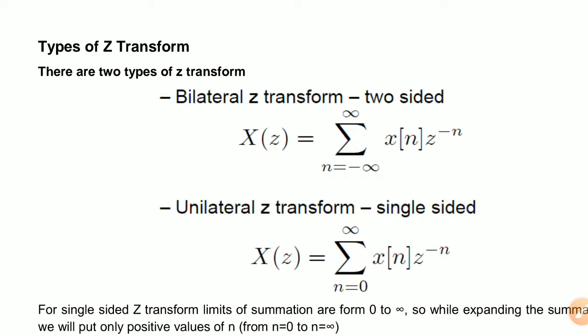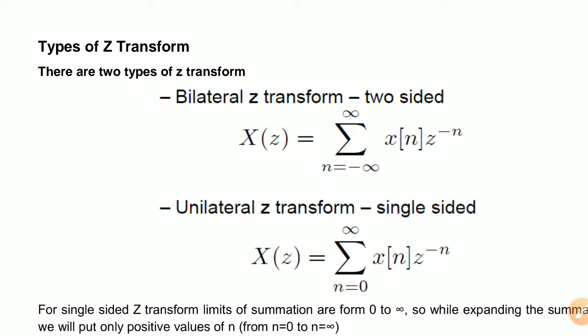These two types can be easily distinguished by observing their limits. For the two-sided Z transform, the limits are n equal to minus infinity to infinity, and for the single-sided Z transform, the limits are n equal to 0 to infinity. All the remaining equation is the same.